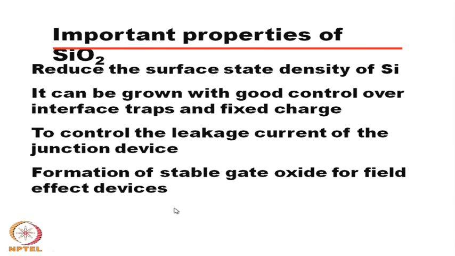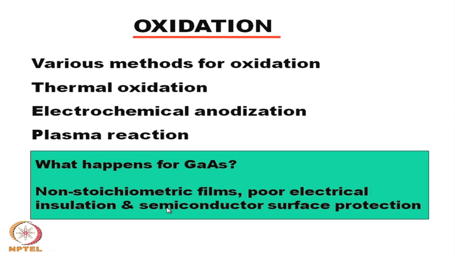So, these are the important properties of SiO2, and so far as oxidation is concerned, various methods are used. One can be thermal oxidation, another can be electrochemical anodization, third one can be plasma reaction, and in your textbooks you will find that a large number of oxidation processes are there.